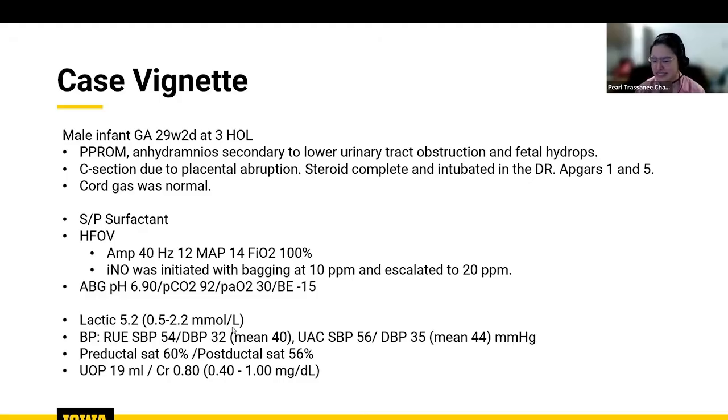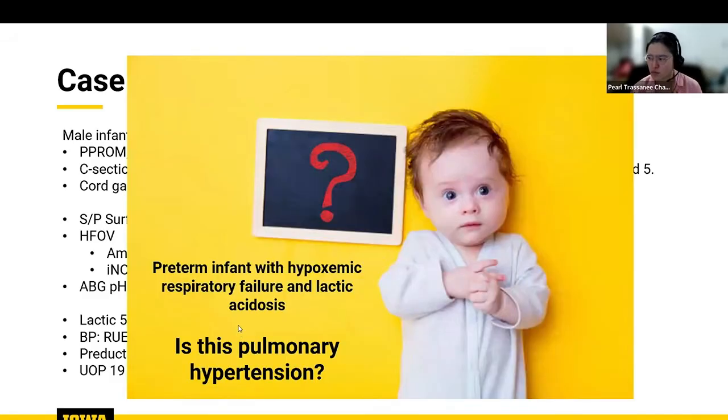Cardiovascular-wise, he was normotensive, but with prolonged capillary refill time, weak pulses, and lactic acidosis. With this presentation, most of us would think of acute pulmonary hypertension, but how certain can we be, and what management strategies should we implement?